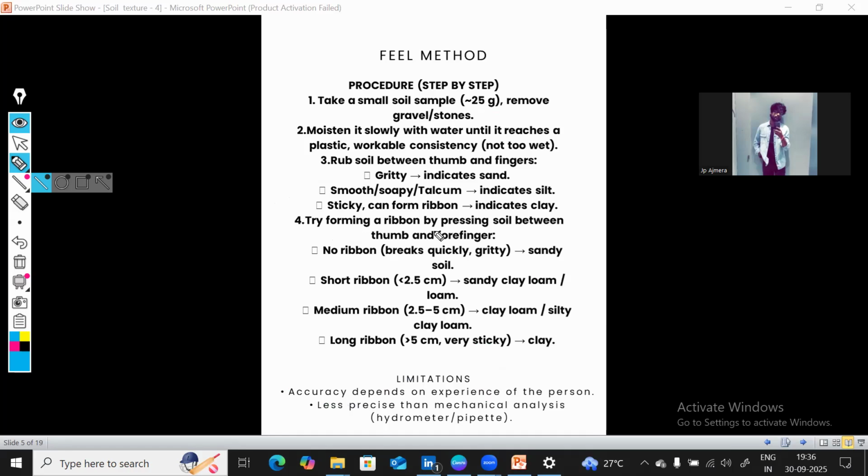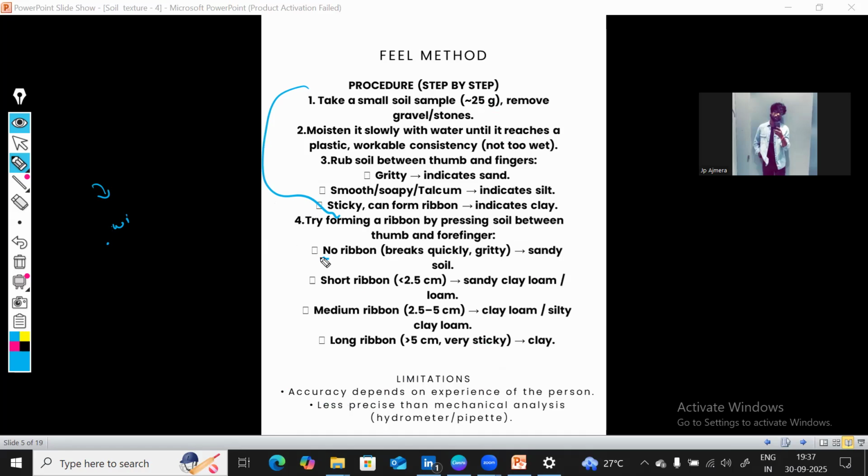The texture formation is repeated by the process of placing the soil between the thumb and forefinger. The field method is done here, but we can go for more accuracy so we can identify the classes as well.